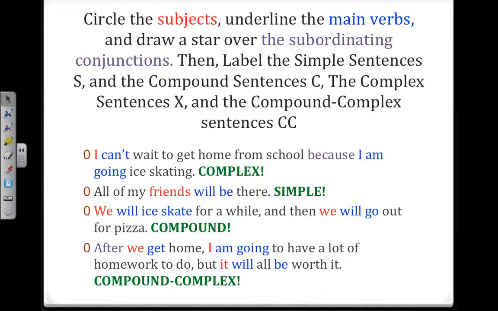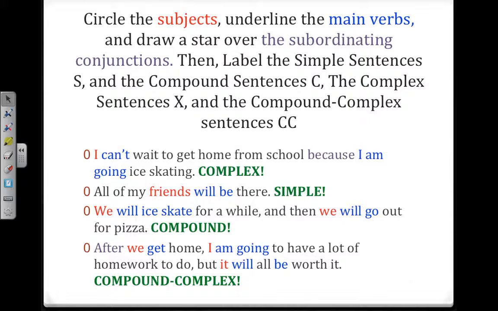And then in the last one, after we get home, after is a subordinating conjunction, we is a subject, get is an action verb. Then we've got I as the next subject, am going as the helping and action verbs. And then we have it as a subject, will be as a helping and action verb. So I've got three sets of subject and verb.